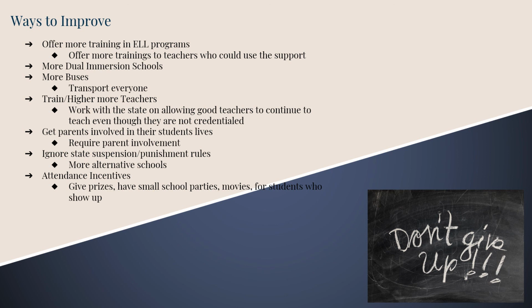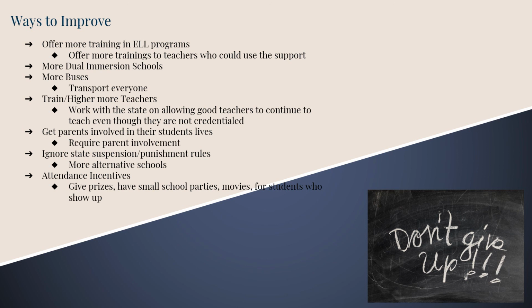This could be through having after-school activities where parents and students with behavior issues come to the school to work together on making their relationships better. They also need to ignore state suspension rates and punishment rules or open more alternative schools, because what they're doing now is punishing 31 students' education for one student's behavior problems.